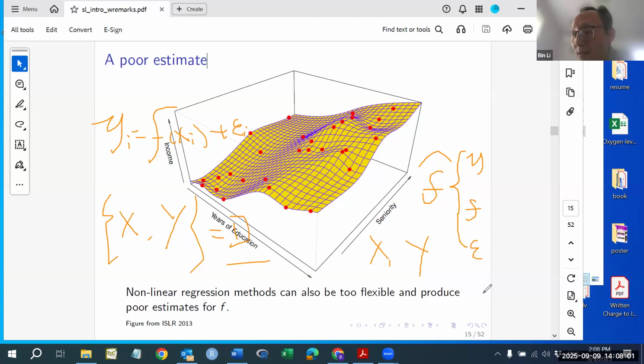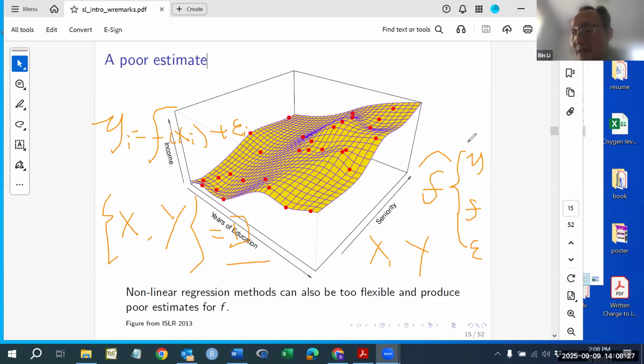Which one? First one, second one, or third one? Someone says income. So income is the first or second or third? Should be the first one.